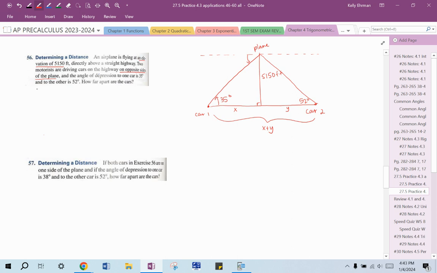All right, so for the 35-degree triangle, we have opposite adjacent. So it's going to be tangent of 35 degrees equals 5,150 divided by x. The other triangle is going to be the tangent of 52 degrees equals 5,150 divided by y.